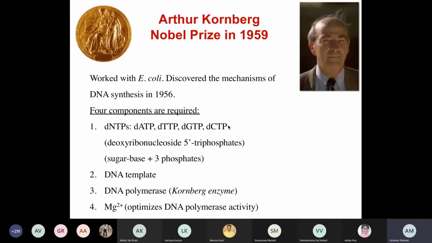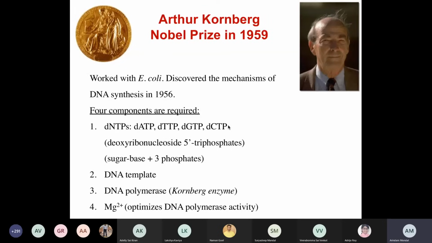And these enzymes often need divalent cations. In this particular case, DNA polymerase needs magnesium ion, which is a cofactor for the enzyme, and cofactors are extremely essential for the enzymatic activity.